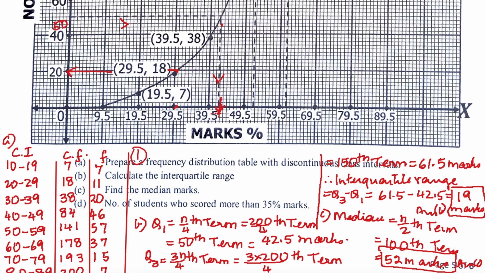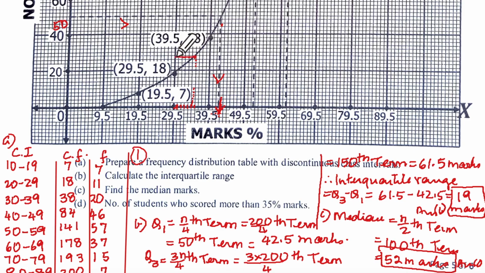I took 30. It will approximately be 30 number of students on the y-axis. So this is 35, 31, 30, 31, 32, 33, 34, 35.5. So you will have to take in between here. It is here. So it is this line.